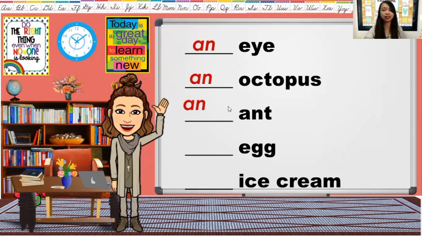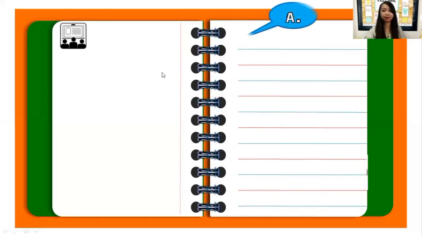Okay, third one, an ant. Fourth one is an egg. And last one, an ice cream. Okay, so we used an article an here because the noun starts with vowel letters. Okay, now let's have more activities.